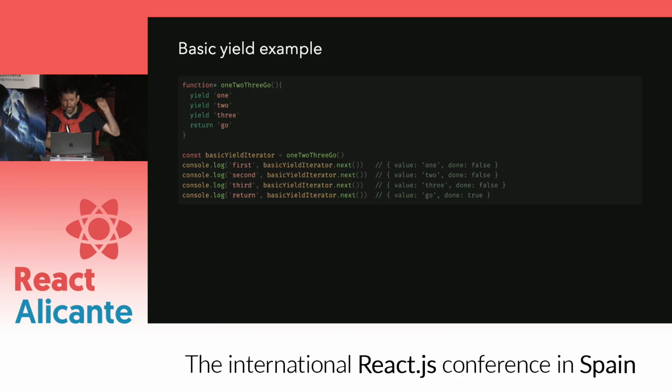When it hits a yield instruction, it will pause and return that object that we have described before with value 1 and done false, because we are not done iterating. When we call it again, we will get value 2 and done false, until we reach the end of the body of the generator function. Then we will receive done true, because we have finished, and the value will be the return of our generator function.